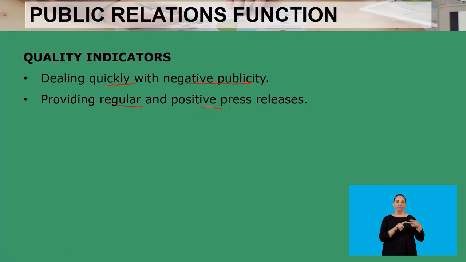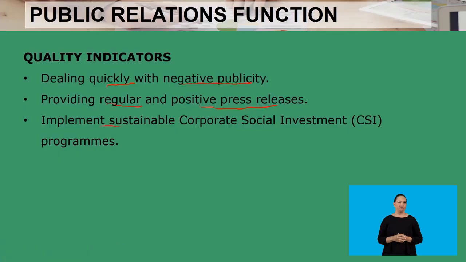And then number two, by providing regular and positive press releases about the positive things the business is doing, such as sustainable corporate social investment programs that show how the business is caring for the community. And we also talk about implementing those sustainable corporate social investment programs, which is basically donating to the community.